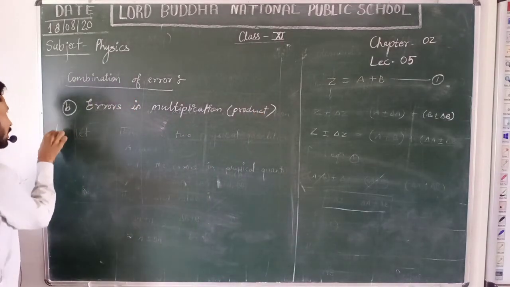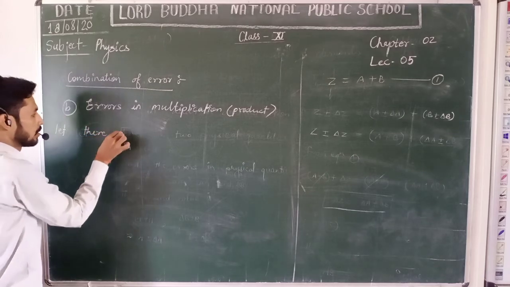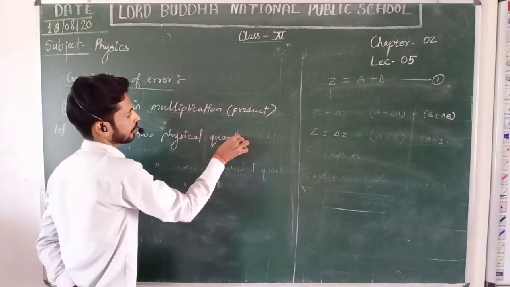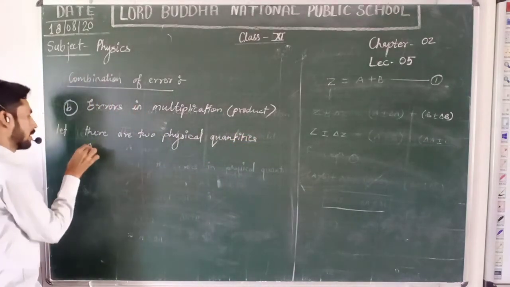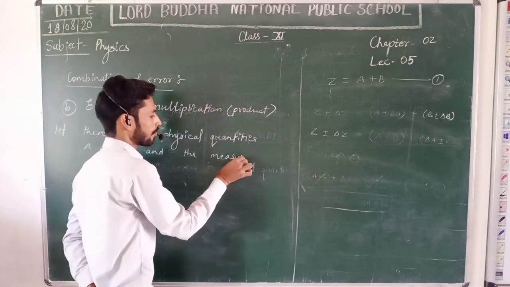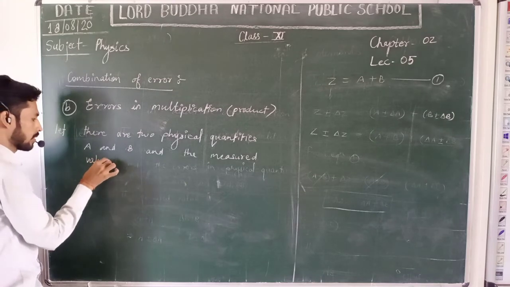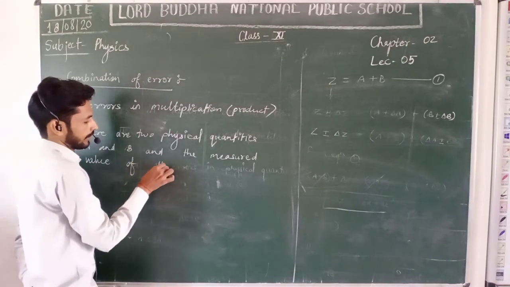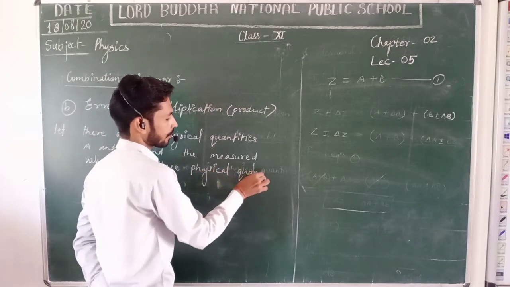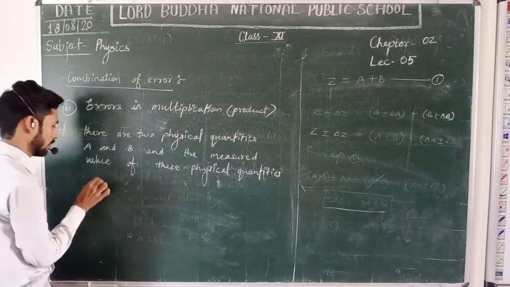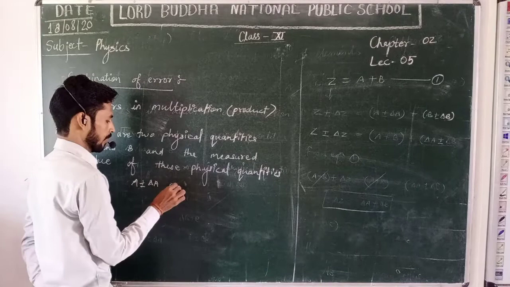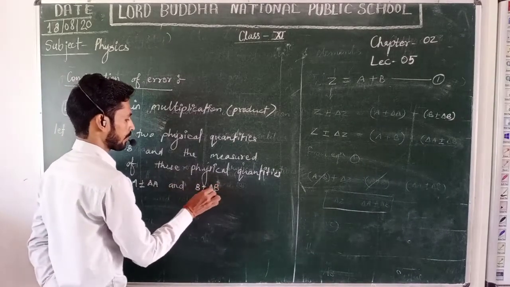Suppose there are two physical quantities A and B, and the measured values of these physical quantities are A plus minus delta A and B plus minus delta B.